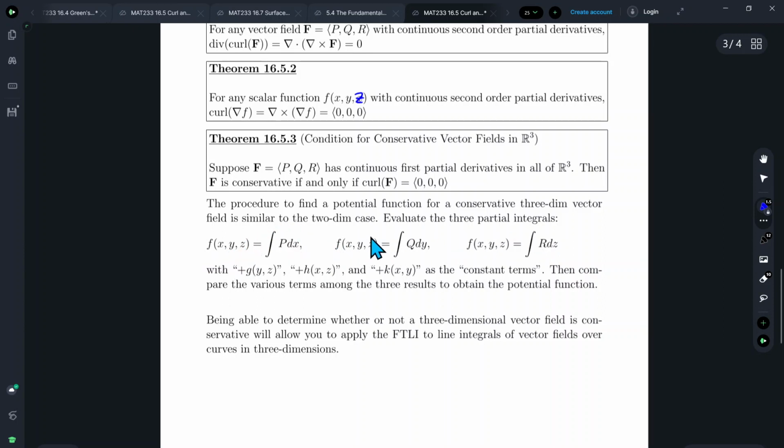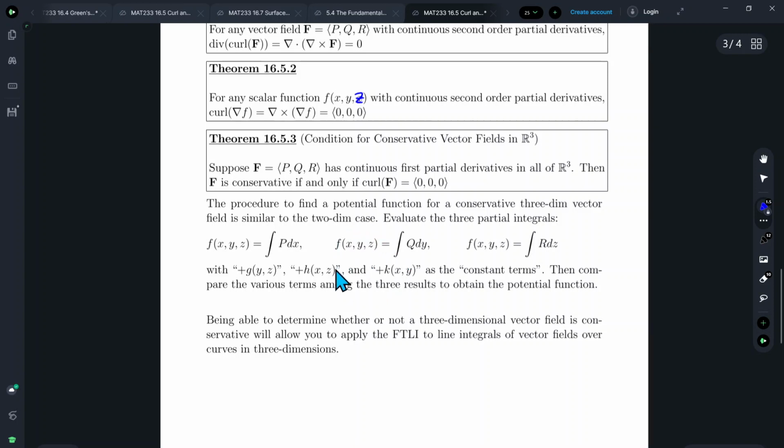However, they're going to have different terms because of the constant terms arising from the partial integral. And so to reconcile the constant terms, you have to compare the terms among the different results and then combine them to get the potential function.